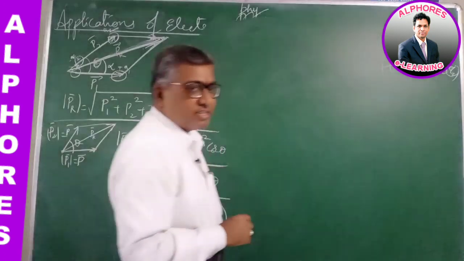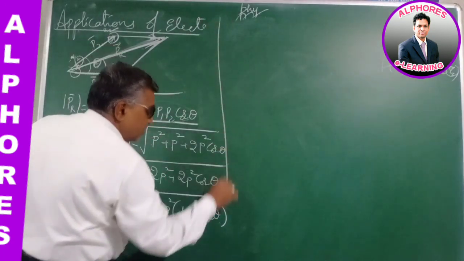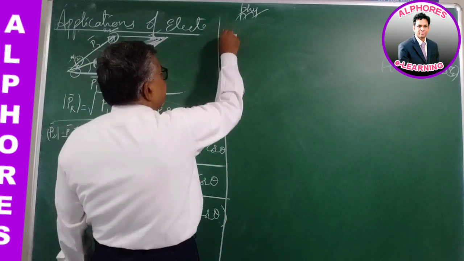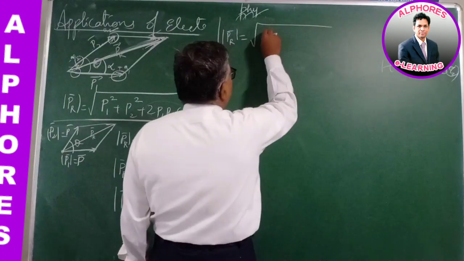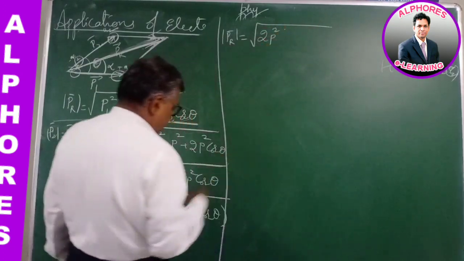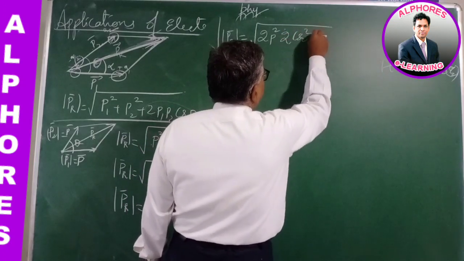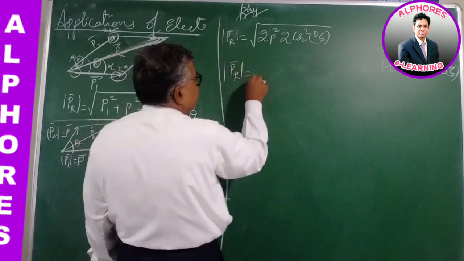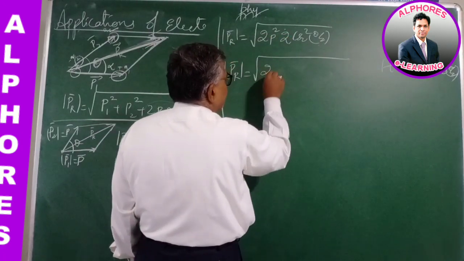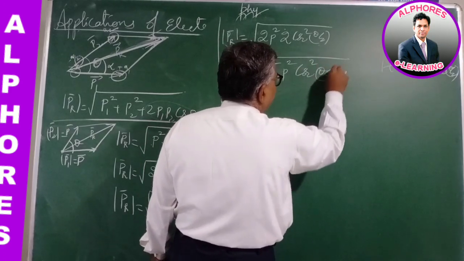Applying this, the resultant dipole moment is equal to under root of 2P square of 1 plus cos theta, that is 2 cos square theta by 2. So the resultant dipole moment is under root of 2 into 2 P square cos square theta by 2.